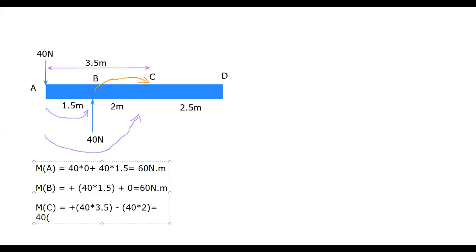Okay, 40 common we can take, and 3.5 minus 2. So 3.5 minus 2 will be again 1.5. So 40 multiplied by 1.5, and at the end we'll get 60 Newton meter, the answer.